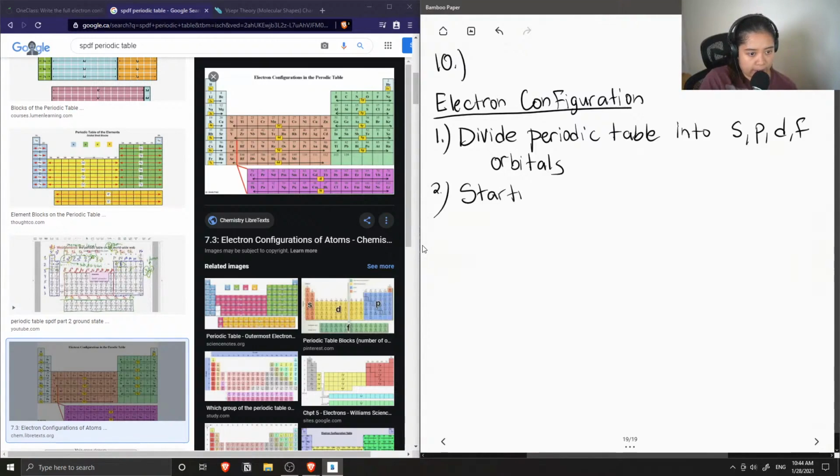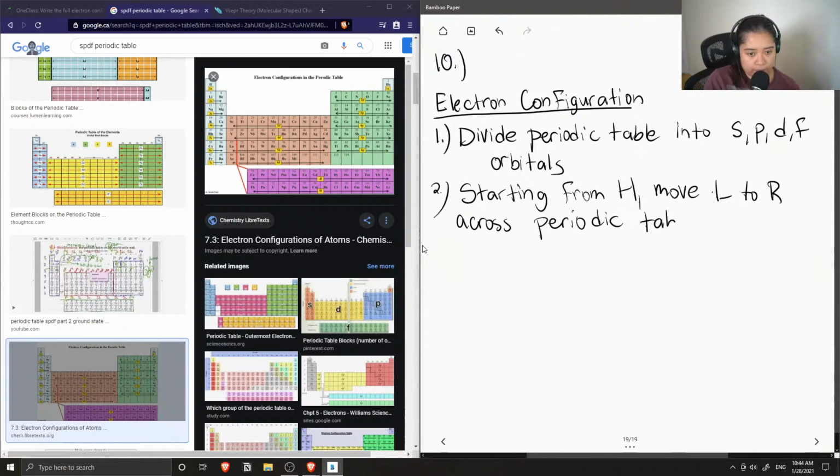starting from hydrogen, we move left to right across the periodic table until we get to our desired element. And then we write the row number followed by the block letter.